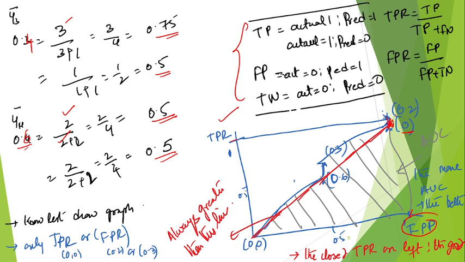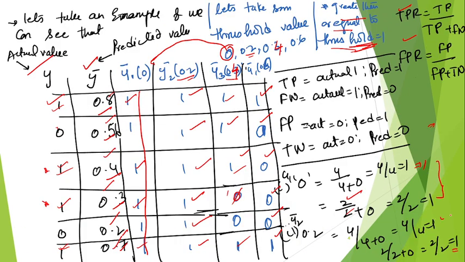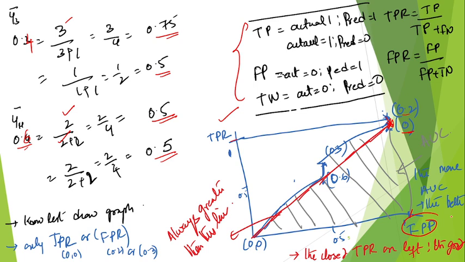On point 2, I have got 1 also. Point 4 should be 0.75 here, and this is 0.5.